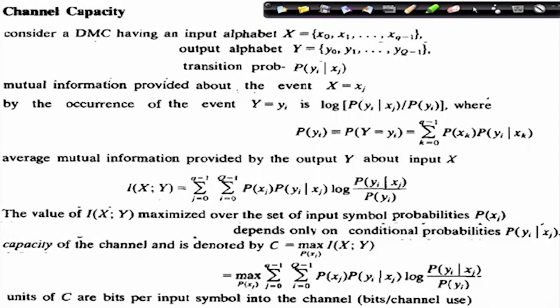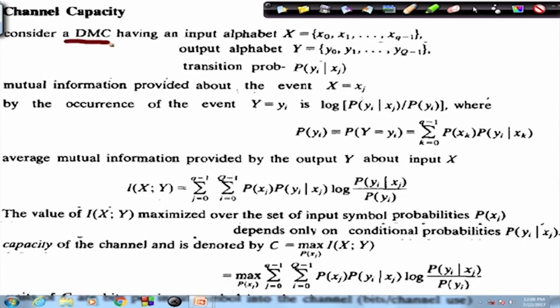So, continuing with our discussion, now we look at the development of channel capacity. We consider a discrete memoryless channel, which is something we have been using before.